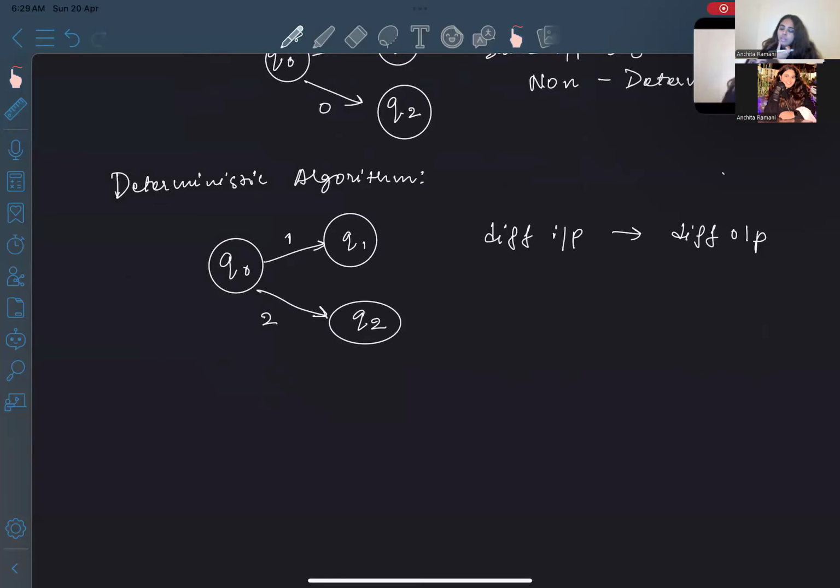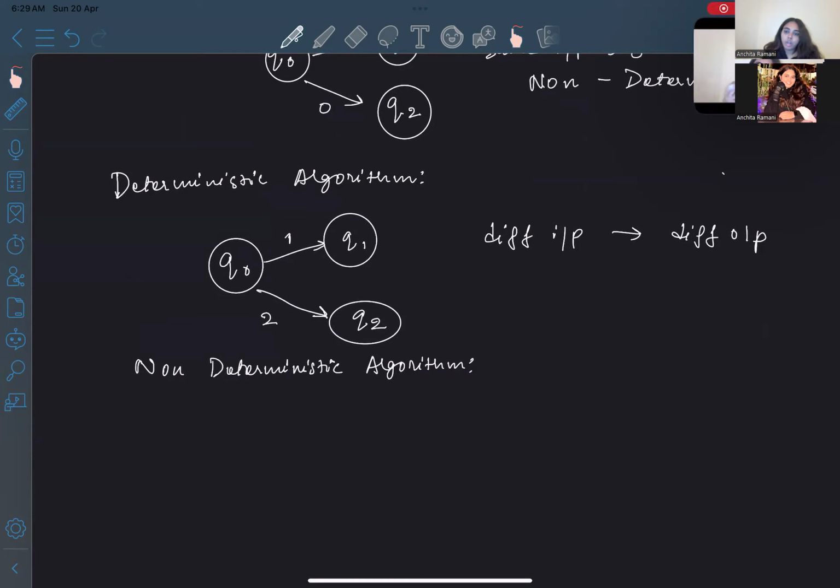Coming back to the non-deterministic algorithm, this algorithm will take more than one path. We cannot determine the next step in this algorithm.